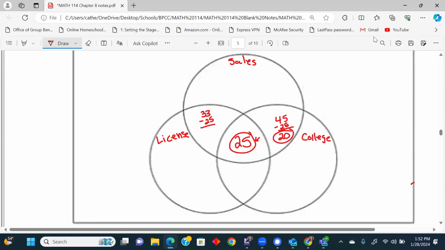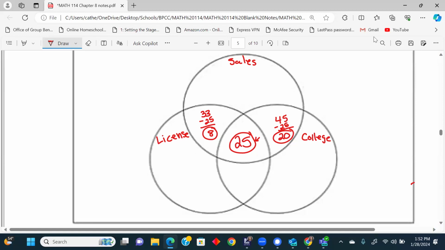I believe that's 8, but I don't trust my subtraction. Yep, 8. So there were 8 that only had sales experience and a real estate license, but there were 33 that had sales experience, a license, and a college degree. But technically the 33 did have sales experience and a license. They just didn't include the college degree in there.